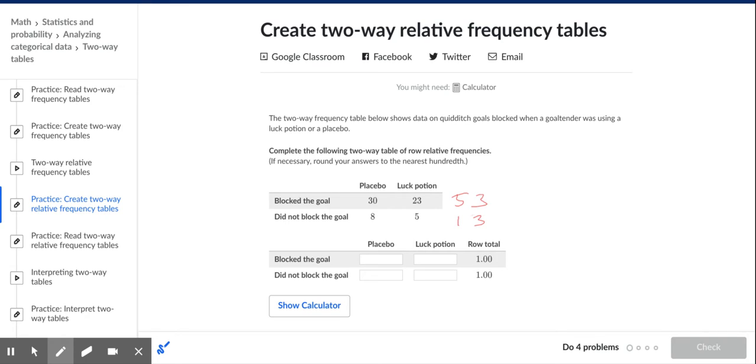30 divided by 53 is 0.566. So it's to the nearest hundredth, so that's going to be 0.57. Oh, they want it to be a proper fraction. Okay, never mind. It says nearest hundredth.